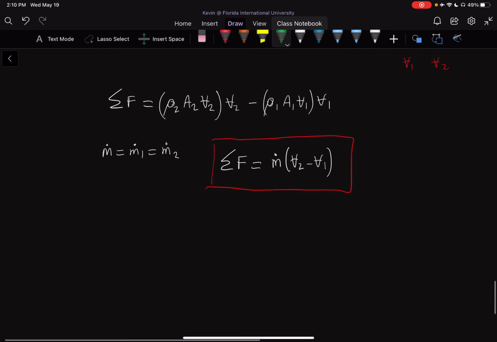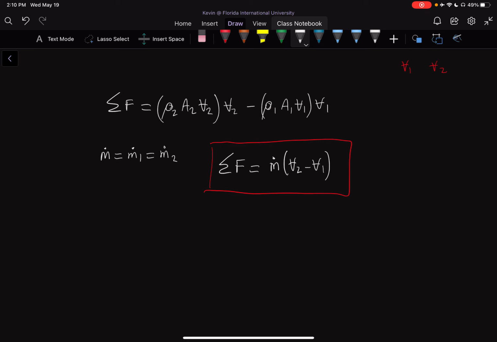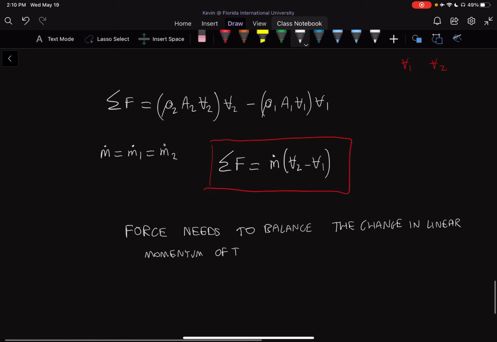So as a conclusion, from our vector diagram, we can conclude that force needs to balance the change in linear momentum of the fluid as it turns in the tube.